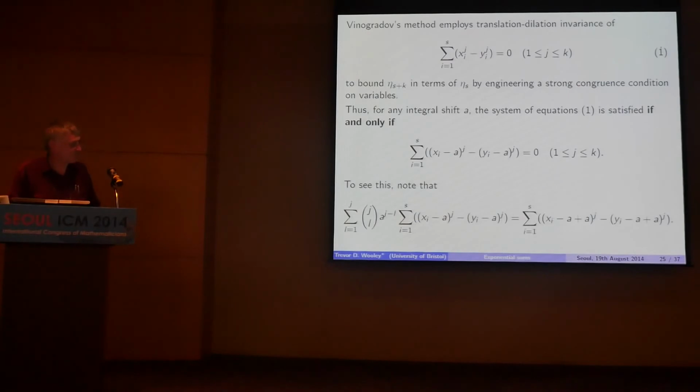You can see that just by using the binomial theorem. If I expand all of these terms, I get a linear combination of polynomials from the original system, all of which are 0. So it's still 0. And I can go backwards, obviously: shift one direction, shift the other direction, it's the same story. So shift invariance is fundamental.